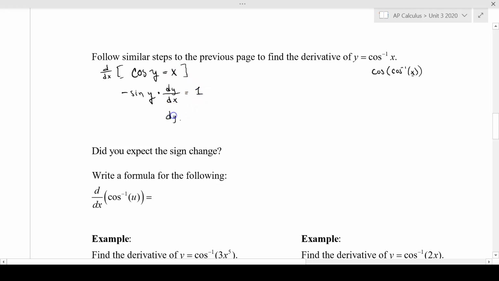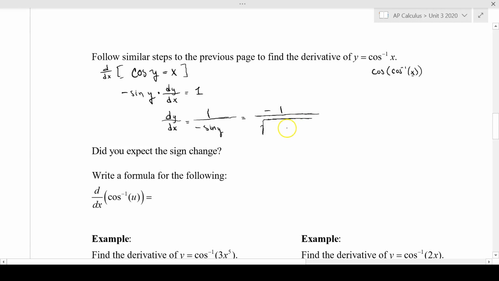I'll solve for dy/dx by dividing by negative sine y. And then I'll try to figure out what negative sine y is by using that Pythagorean identity. I'm also going to put the negative 1 in the numerator. So now, what would sine y look like? Well, if you go back and solve that Pythagorean identity, sine squared equals 1 minus cosine squared.